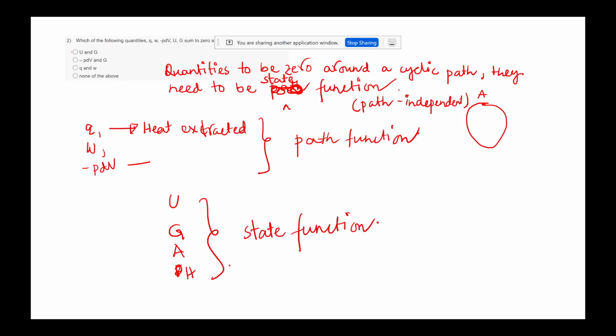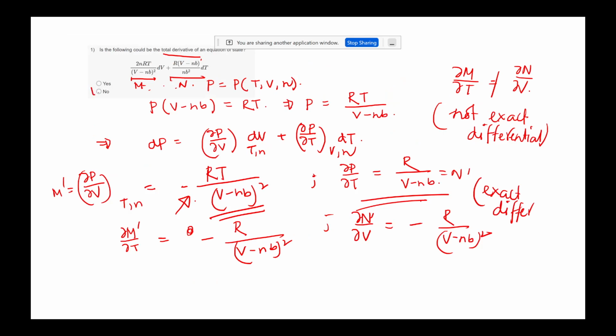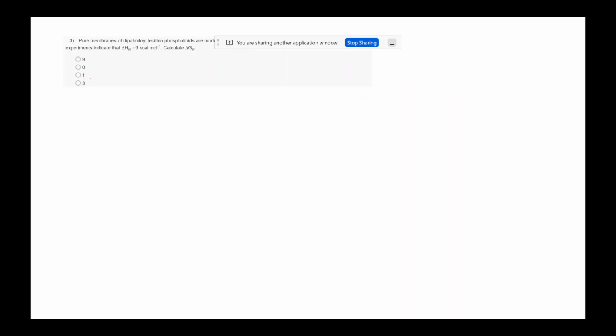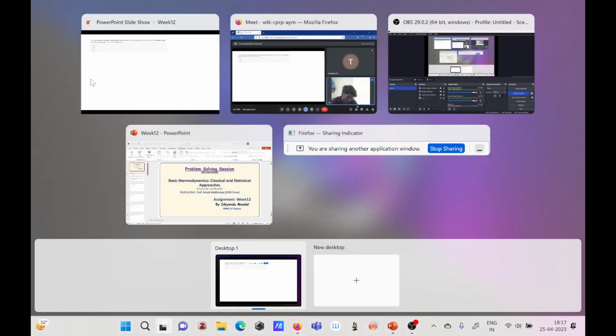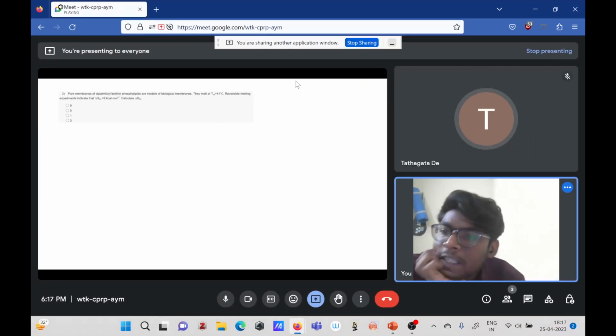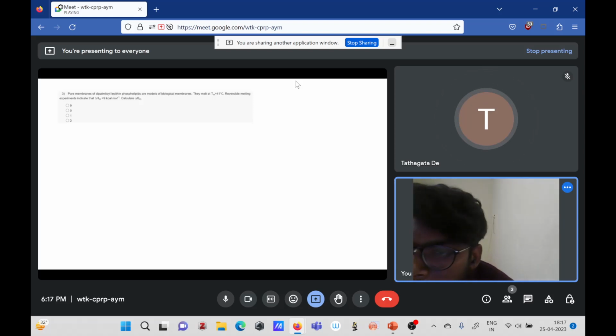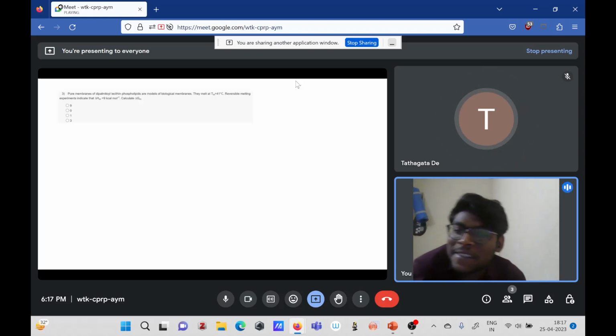Okay, so this is the previous one. Now question number 3 says pure membranes of dipalmitoyl lecithin, some big name, let's just ignore it, are models of biological membranes.